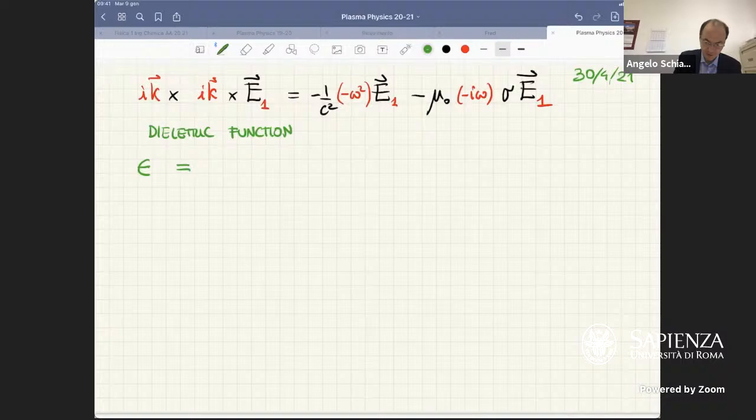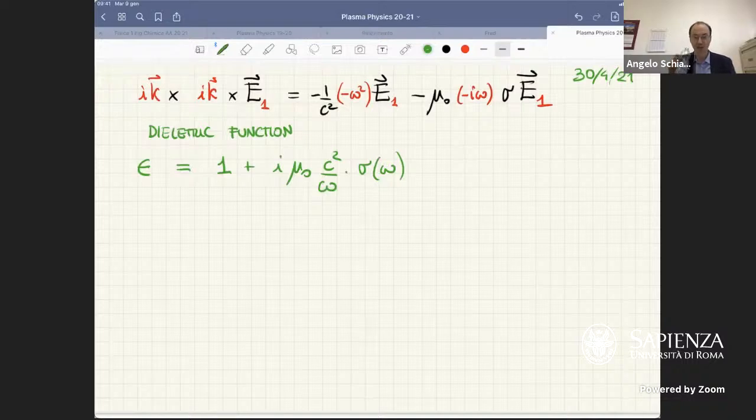It is defined by 1 plus i mu naught, the vacuum permittivity, times speed of light squared divided by the omega of a given wave solution, times the conductivity, which, if you remember, in a non-magnetized plasma can be expressed as a function of the frequency as well. So it's depending on the frequency of the phenomenon we are considering.